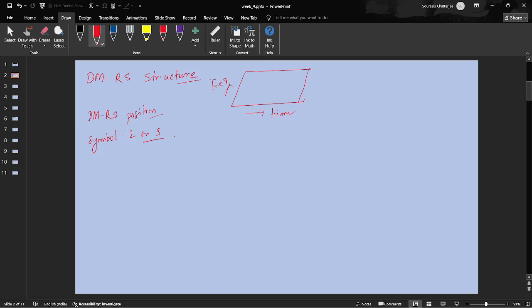True, almost true. You're saying that the user can know the instantaneous channel from the DMRS, and then use it onwards for its data detection. But of course the decoding is going to fail, fine.